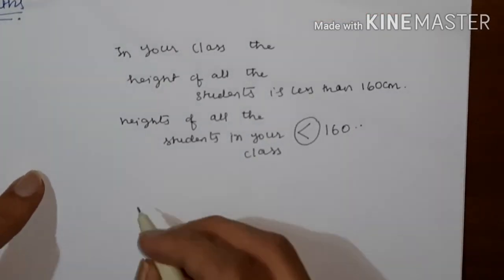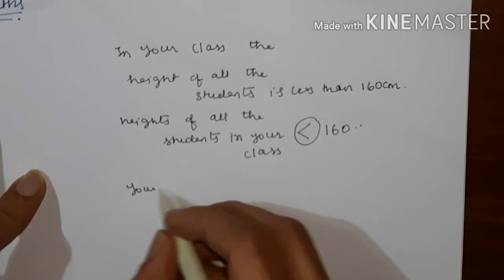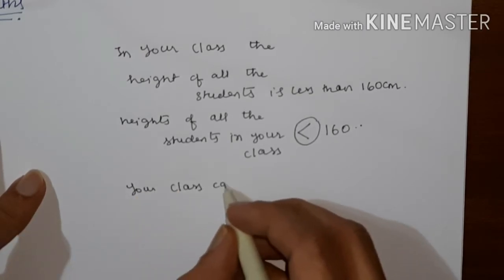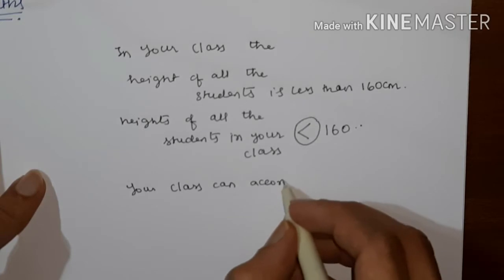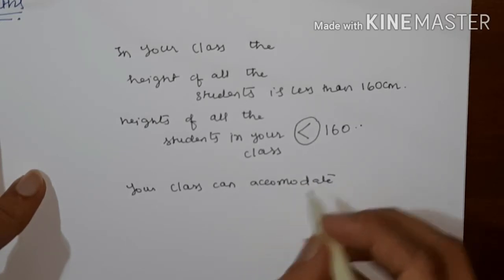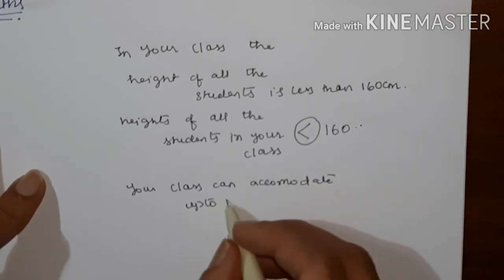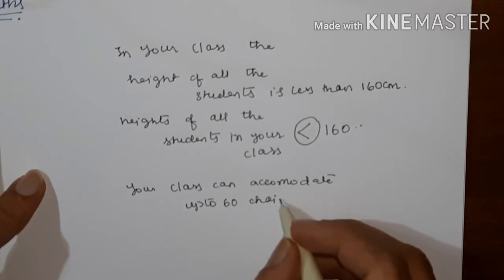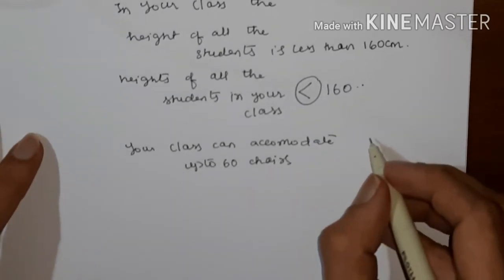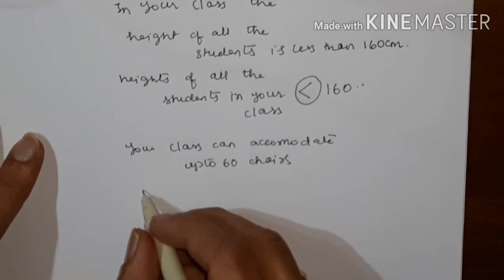Or, for example, suppose your class can accommodate up to 60 chairs. How can we write this in maths?